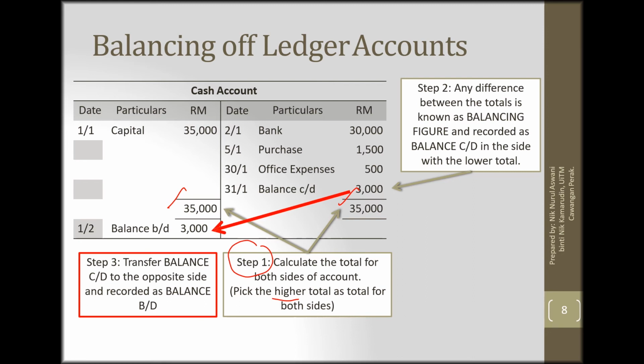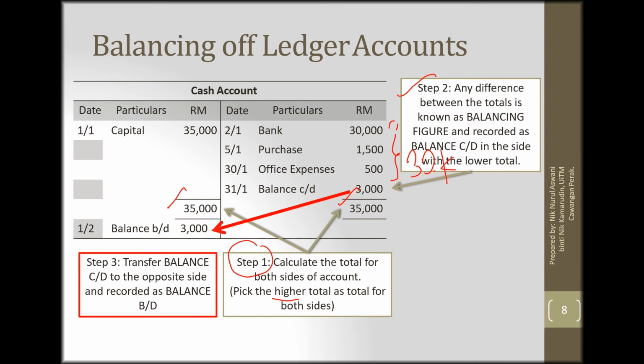Step number two: any difference between the totals is known as the balancing figure and is recorded as balance c/d on the side with the lower total. On the credit side, if you calculate the total, it is 32,000, compared to the debit side, which has 35,000 ringgit.